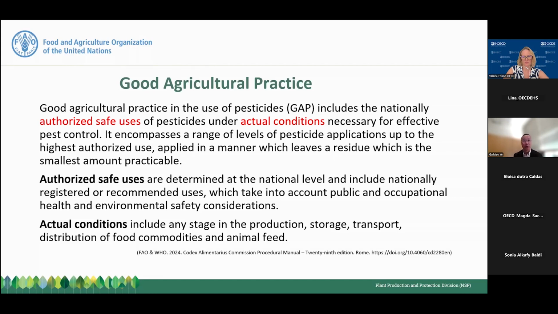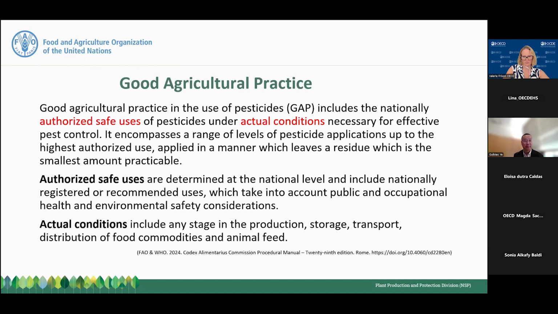But the national authority will decide and determine the national safe use of pesticides, including nationally registered or recommended use. Some countries have a registration system, so they will have a registered use, and some countries currently do not yet have a registration system.